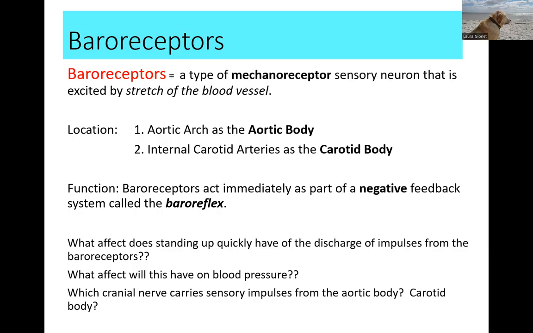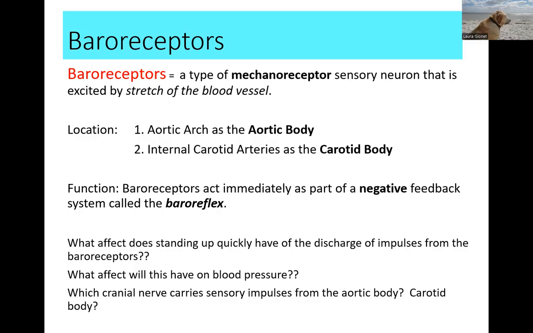You're going to have a certain amount of signals being discharged from those baroreceptors that lets your brain know, okay, this is the current pressure. We have, from the chemoreceptors along the same pathway, it's properly oxygenated, and the pressure is good, not too high, not too low, just right.